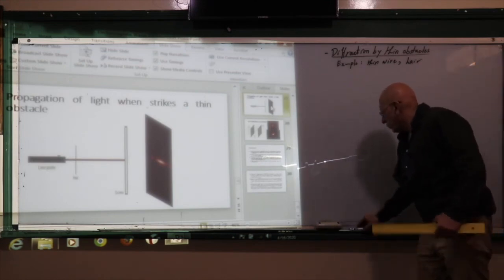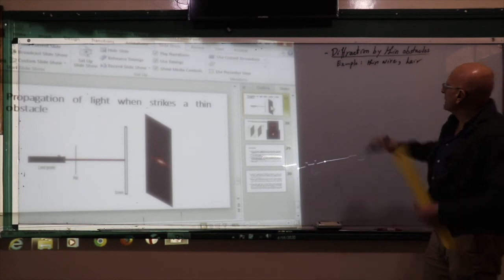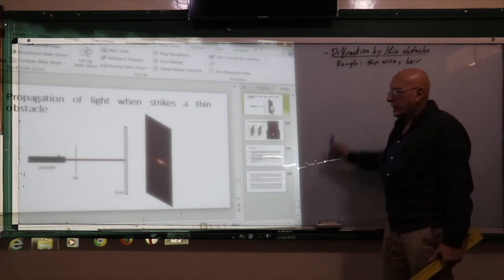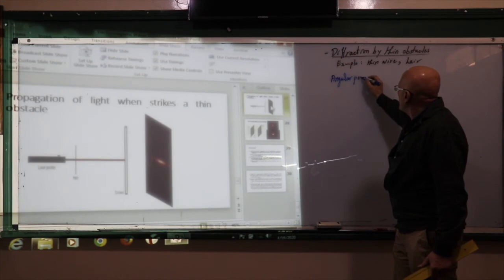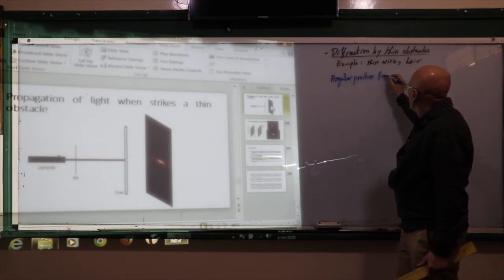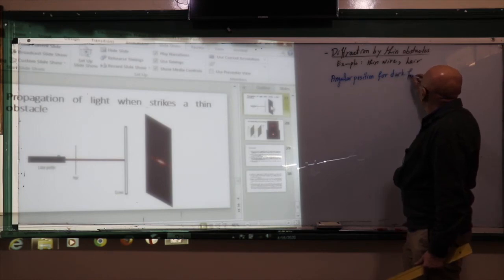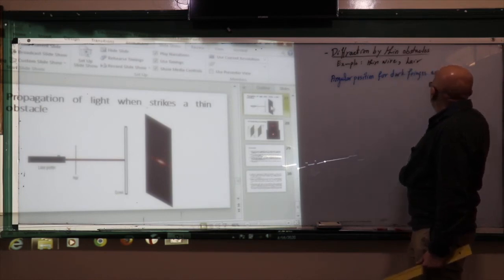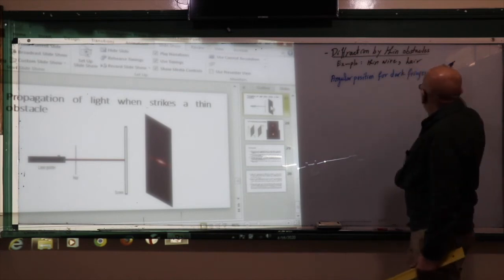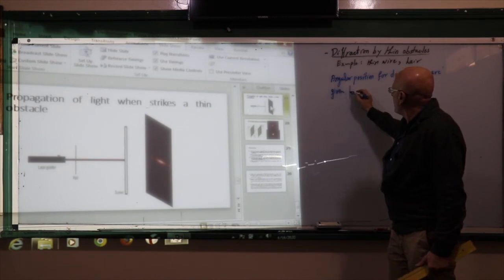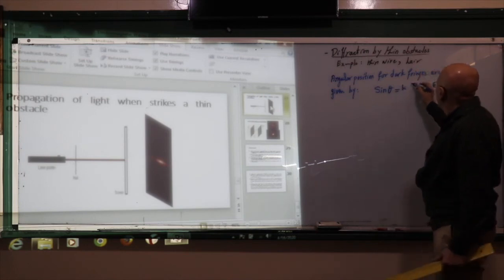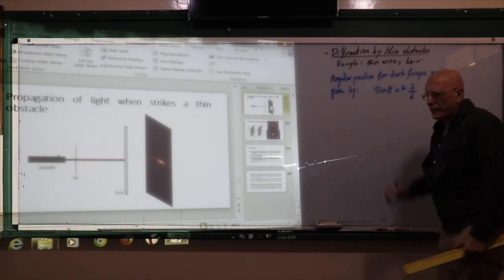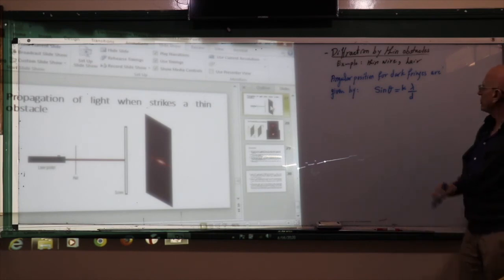But what should you change in them? The angular positions for dark fringes are given by sine theta equal k lambda over D. I am going to call it D, or you can keep it a, but in order to distinguish between them.